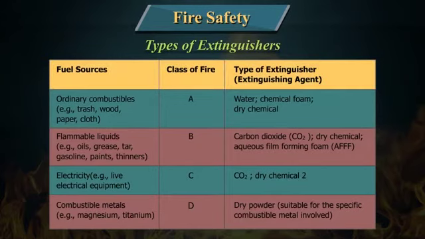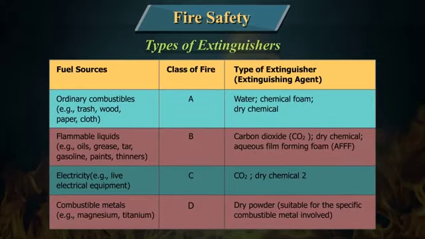Fuel sources, class of fire, type of extinguisher. Fuel sources: ordinary combustibles. Example, trash, wood, paper, cloth. The class of fire is A. Type of extinguisher, that is the extinguishing agents, are water, chemical foam, dry chemical.